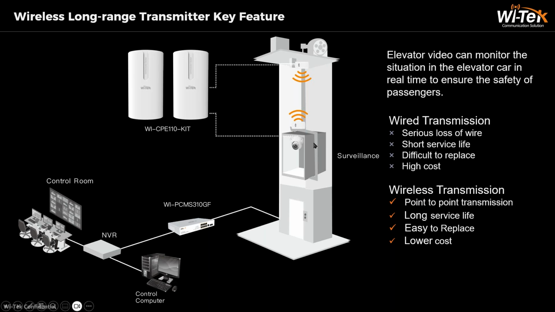But with wireless, we use a long-range transmitter and a point-to-point transmission to carry the video stream from the elevator to the NVR. First, there are no cables, so it is very easy to replace. For example, if the device fails, you just replace it. And you also don't have to check the cable links. We just make sure the devices are okay.